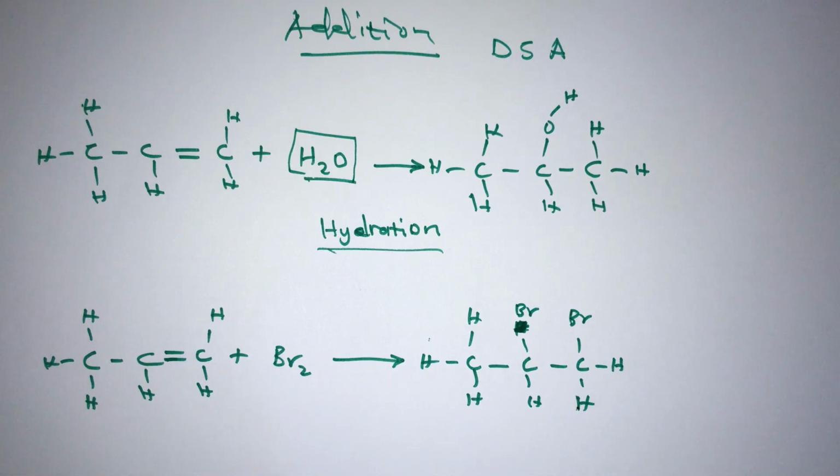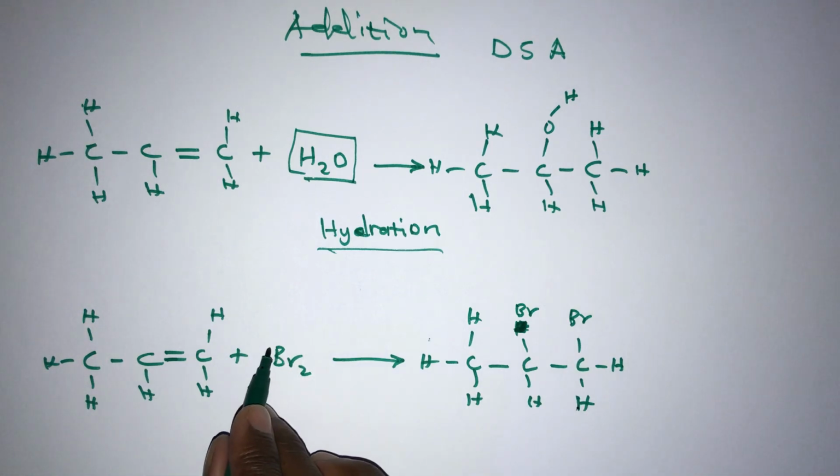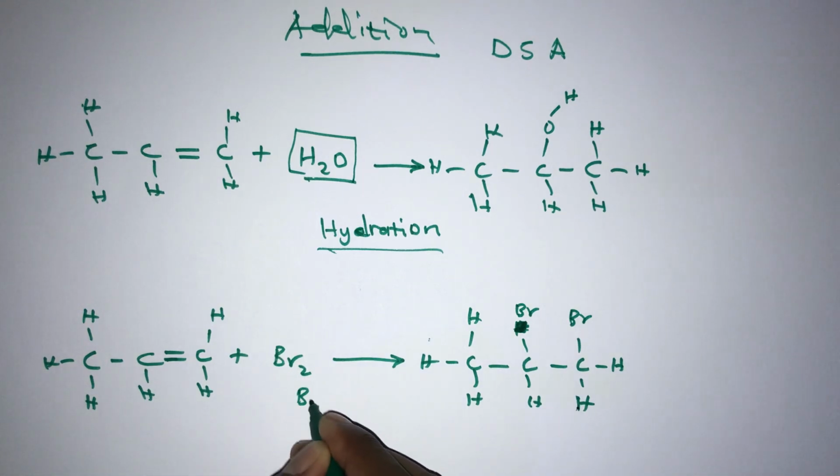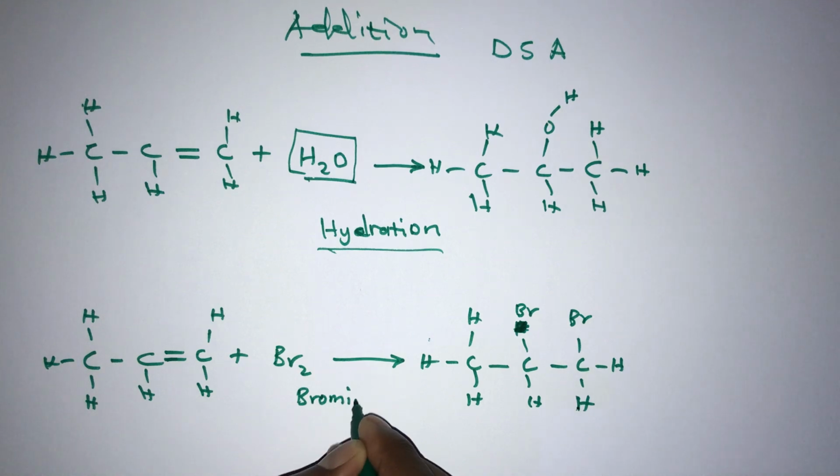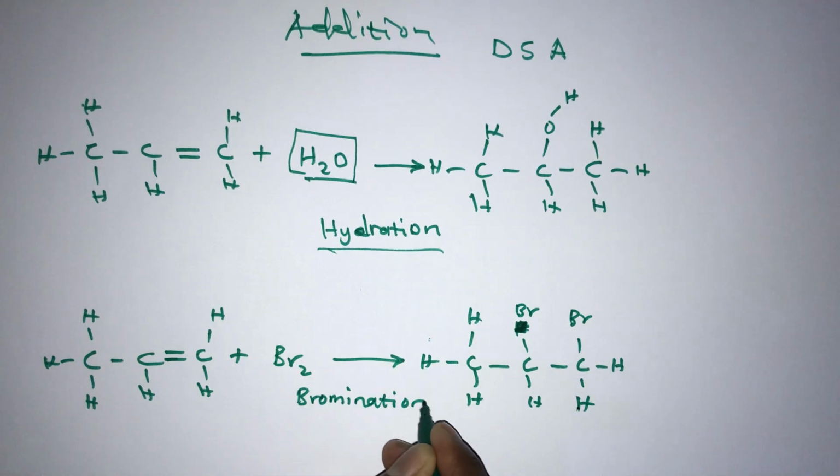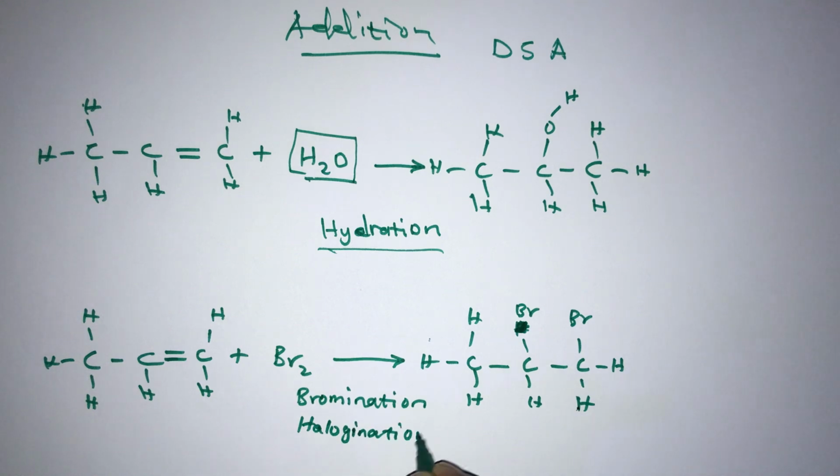So now, what type of addition reaction is this one? What are we adding here? We're adding bromine, right? So we can call it bromination, or you can say halogenation, because it's part of the halogens.